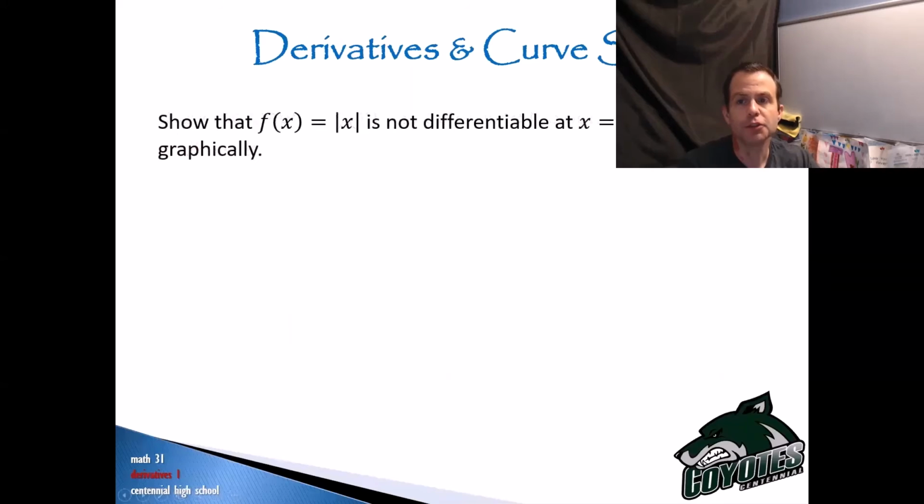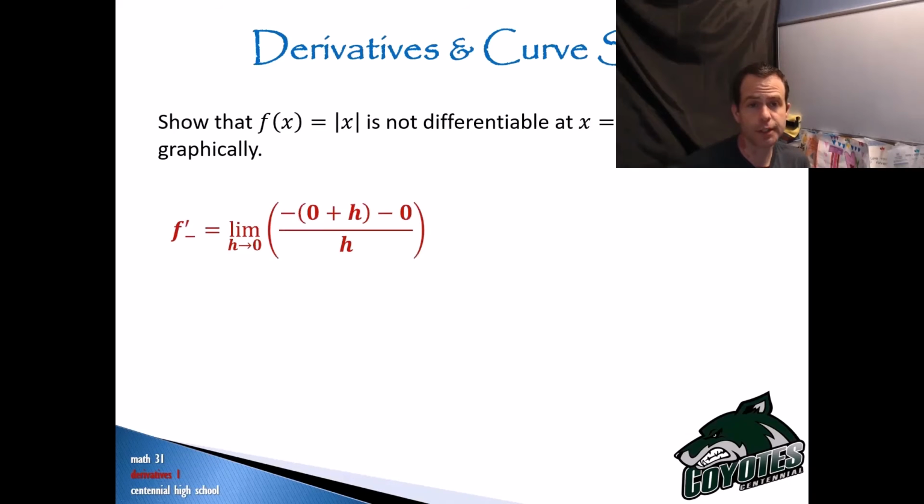Show that f of x equals the absolute value of x is not differentiable at x equals 0 algebraically and graphically. So we're going to start with the algebra first. What I'm looking at is the derivative on the left side.